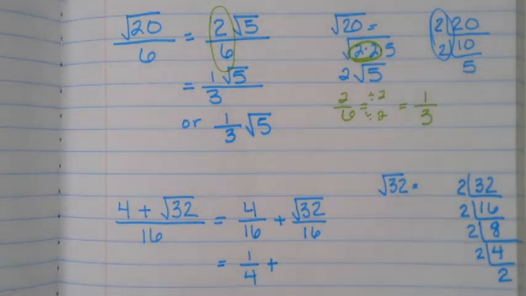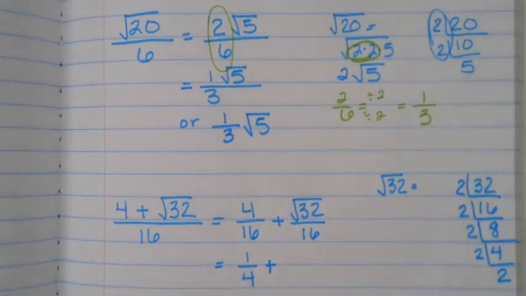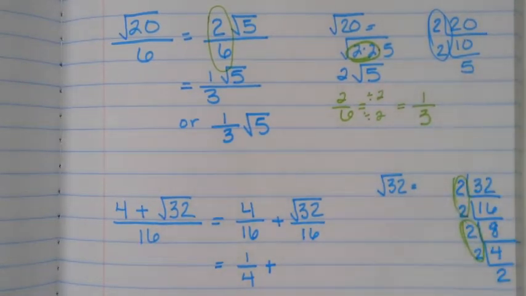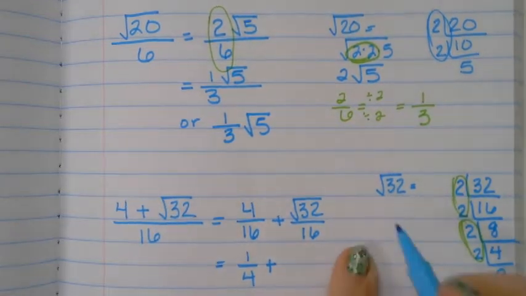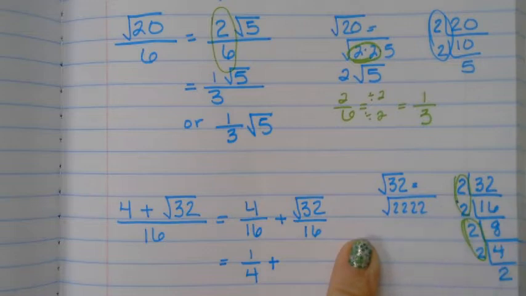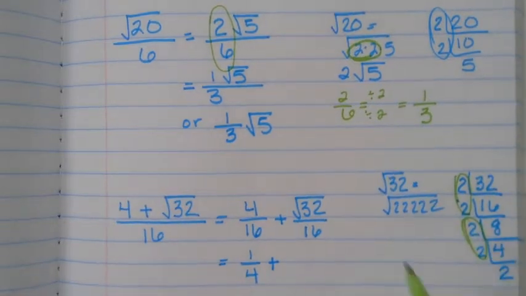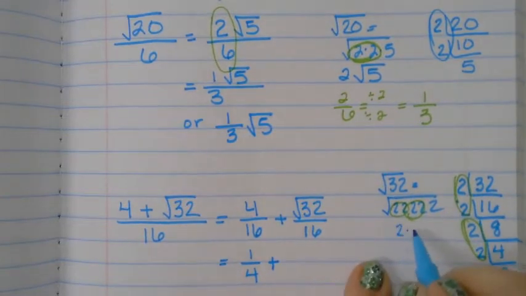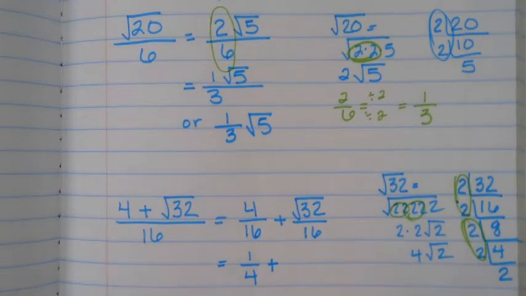So without even writing it out, that's going to be 2 comes from here. I'll write it. So 1, 2. So that's 2 times 2 square root of 2. So it's 4 square root of 2.